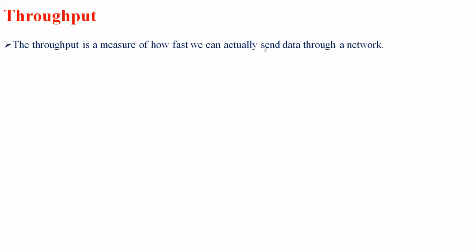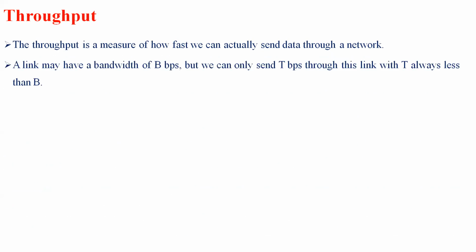The next entity with respect to performance is throughput. Throughput is used to measure how fast we can actually send data through a network. Bandwidth in bits per second and throughput seem the same, but they are different. A link may have a bandwidth of B bits per second, but we can only send T bits per second.